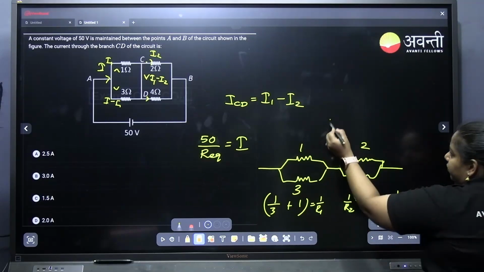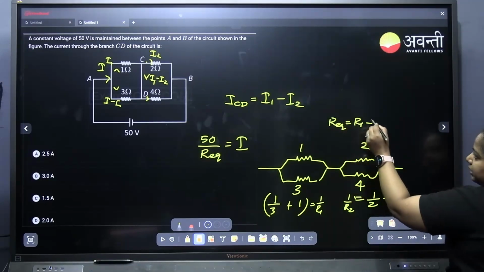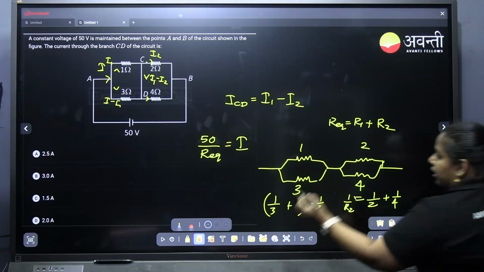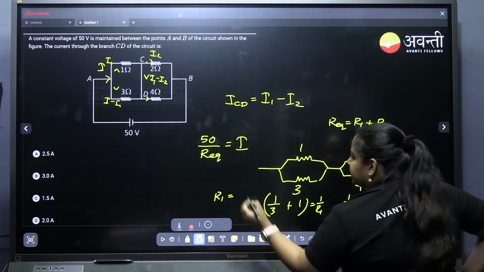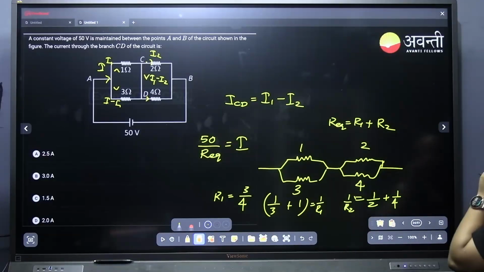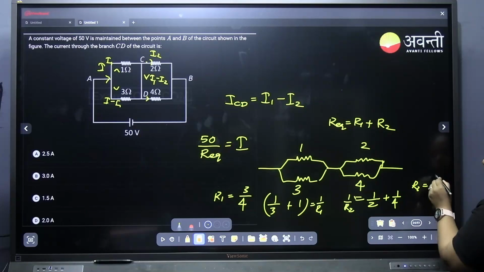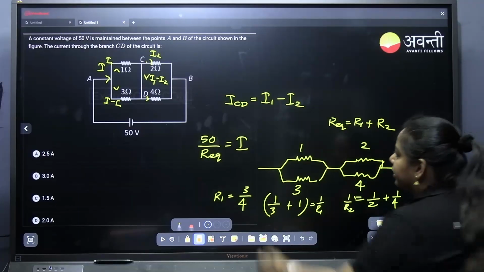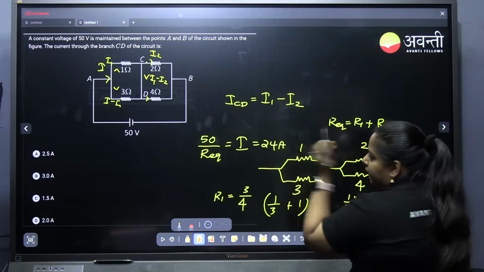Then R equivalent is R1 plus R2. R1 we get as 3 by 4, and R2 we get as 4 by 3. Total current is 24 ampere.